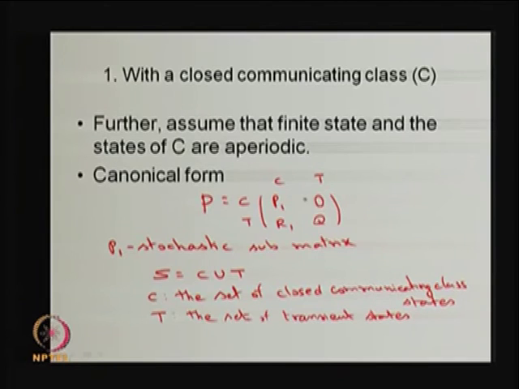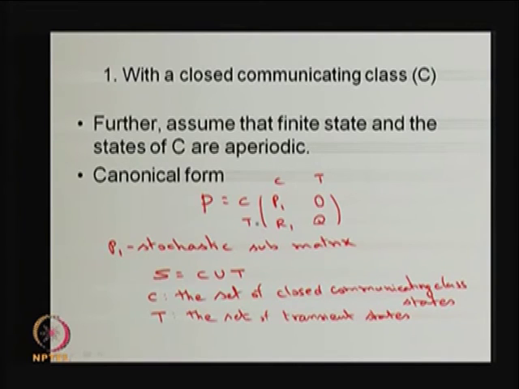Therefore, all the entries are 0, so this 0 is a submatrix with the number of rows equal to the number of states in the closed communicating class, and the number of columns the same as the number of transient states. This is the way we reorder the one step transition probability matrix. Therefore, C to T is the submatrix of zeros.